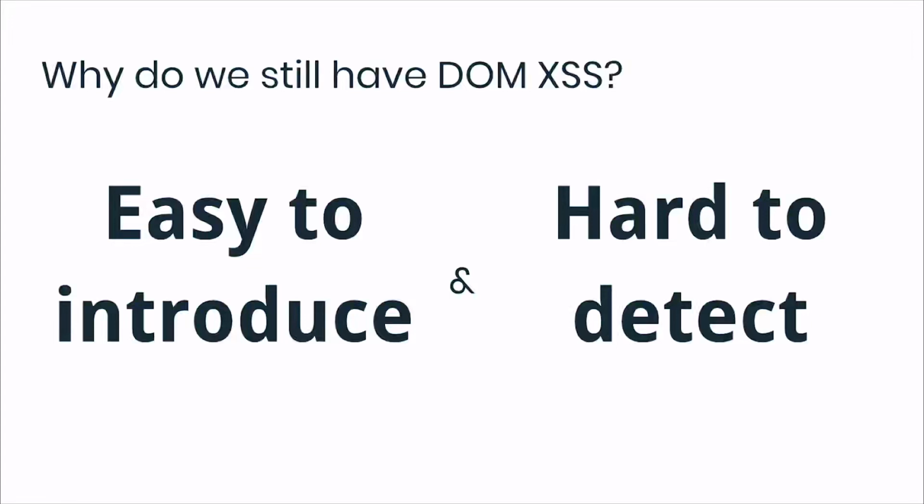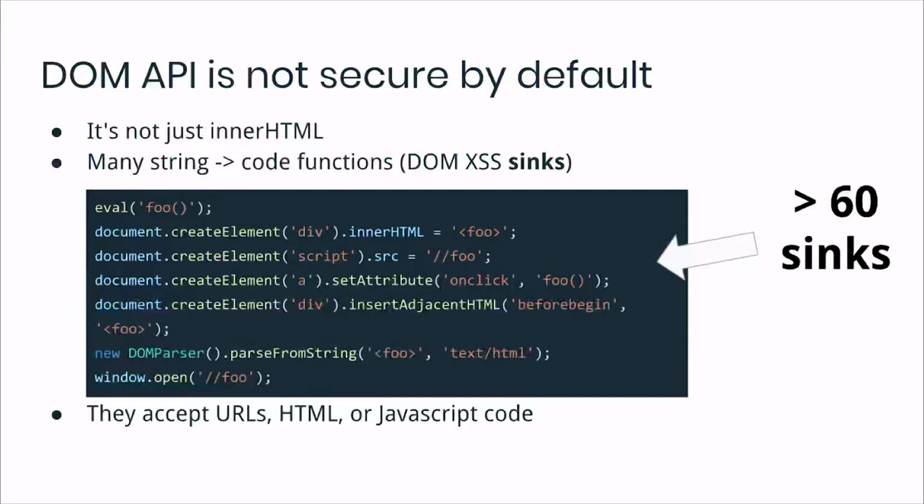Why do we still have it, though? We think that it's because of two separate reasons. First of all, DOM XSS is extremely easy to introduce when writing web applications. And second of all, it's super hard to detect it or prevent it or find it or spot it. Why is that?